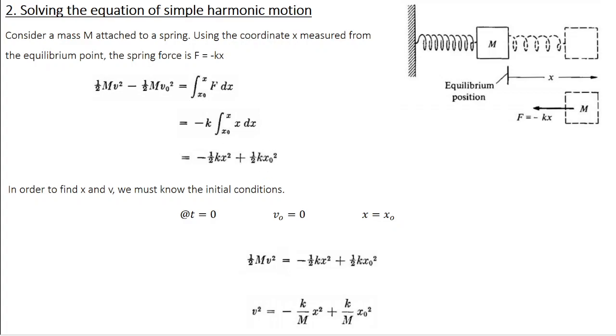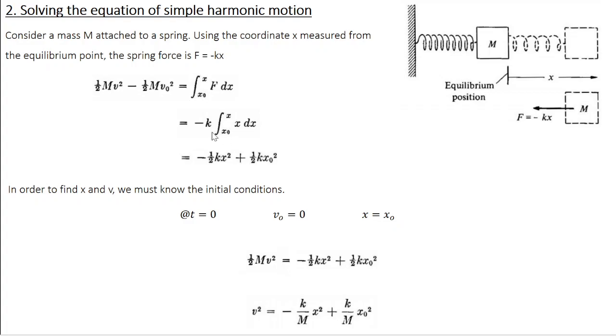Once again, we need some initial conditions. Remember, we have a second order differential equation, F equal to ma, or F equal to m d squared x by dt squared. And how do you solve a second order differential equation? You need to integrate it twice. So the rule of thumb is that if you have an nth order differential equation, you need n initial conditions to find the exact solution.